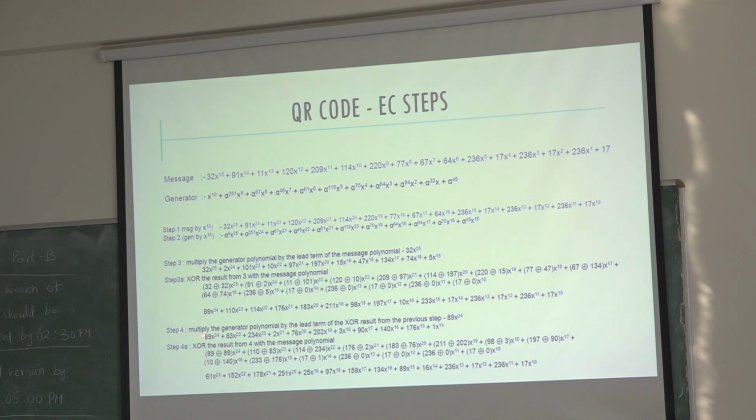Now after multiplication, this value is XORed with the message. Once again it keeps on. If you observe, we are multiplying with the first term, so A XORed with A definitely gives 0. So that's how, from the beginning, one after another, it goes on.